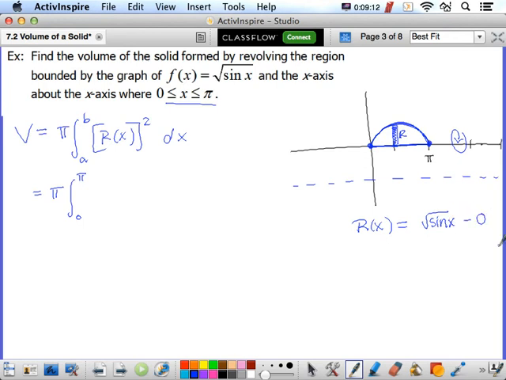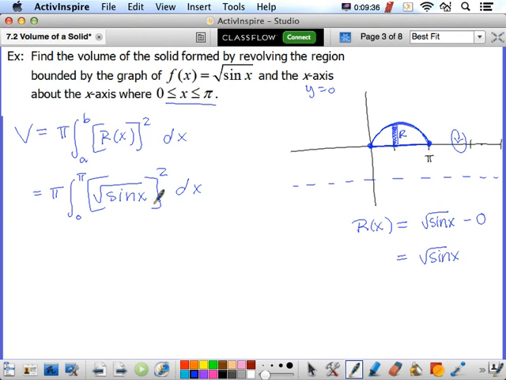The axis of revolution is the x-axis, that's y equals 0, so this one's just 0. That cleans up to the square root of sine x. Then I substitute it in and square it: the square root of sine x quantity squared with respect to x.